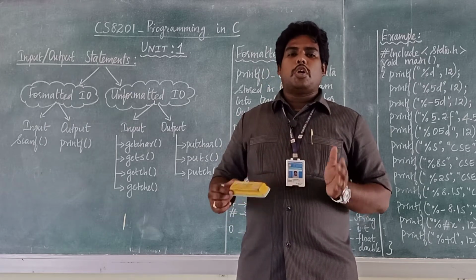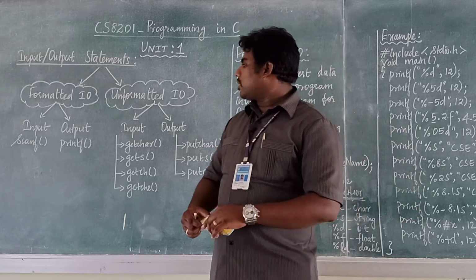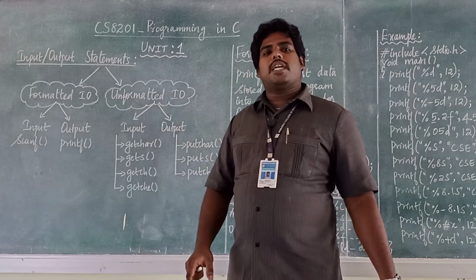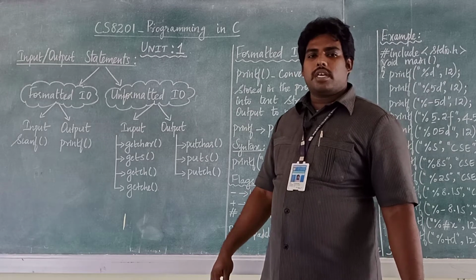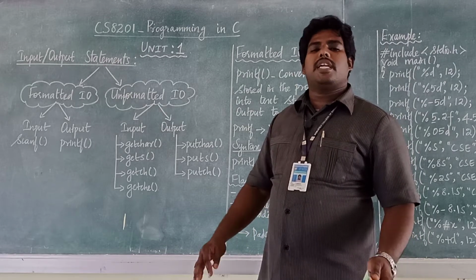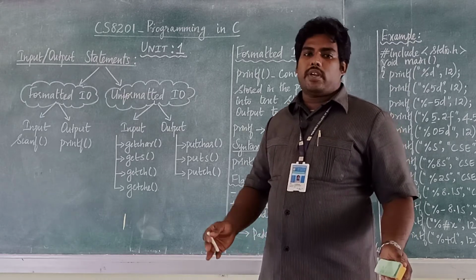The input-output statements in a C program are categorized into two types. One is formatted input-output, and the other is unformatted input-output. Formatted input-output is nothing but two functions. It is called formatted because it supports all types of data.